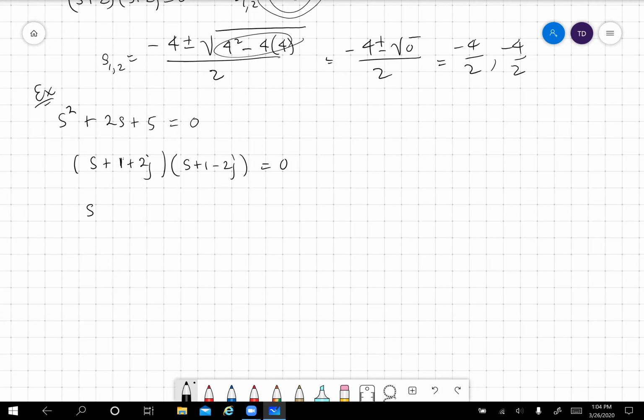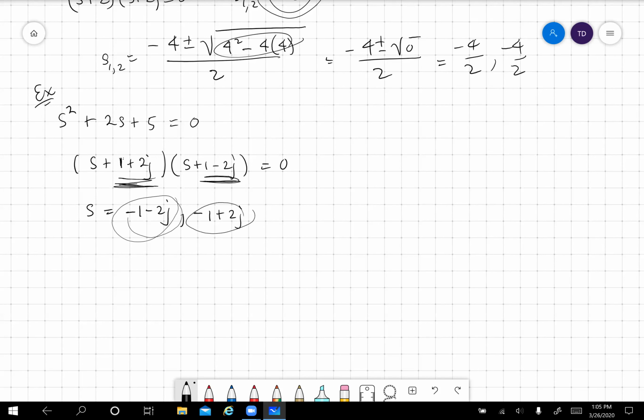So that tells me s equals minus 1 minus 2j for the first one, and minus 1 plus 2j for the second one. Remember, this number is always the negative of this number. It's always the negative of this.